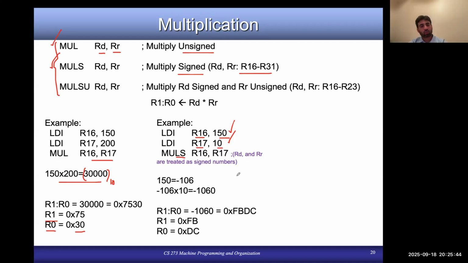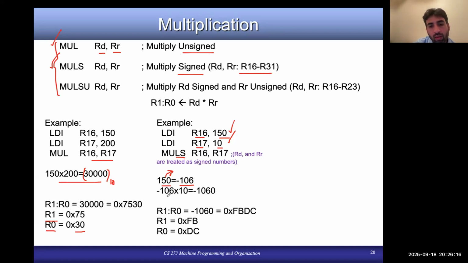Okay. So if you are treating them as signed numbers, 150 will be equal to minus 106, and 10 is representing 10. You can confirm it by converting 150 into equivalent binary, then giving the negative weight to the most significant bit, and converting again into decimal. You will see it is minus 106.